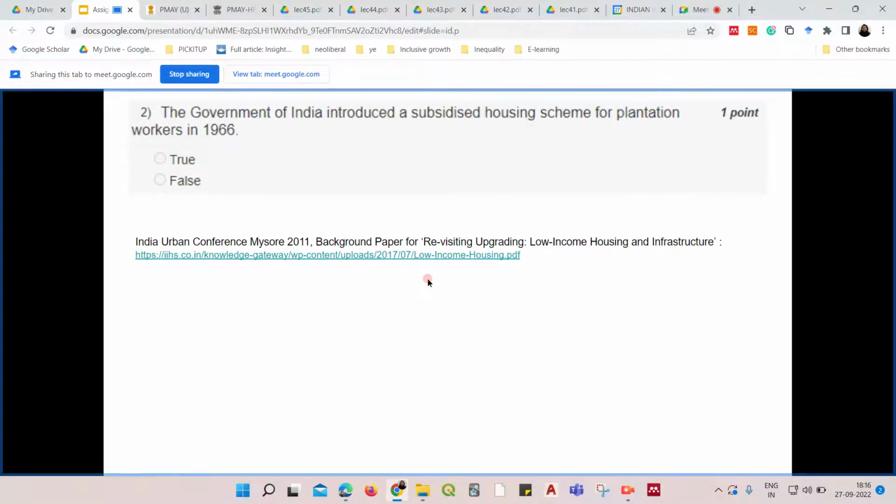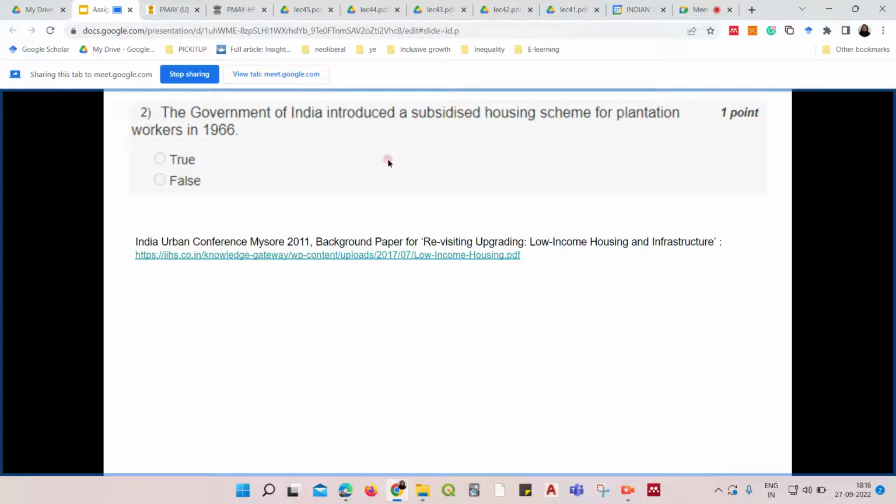Okay, going on to the next question, which is again a true or false question. The statement is: the government of India introduced a subsidized housing scheme for plantation workers in 1966. Again, the same components you have to pay attention to. First, it says it introduced a subsidized housing scheme for plantation workers.